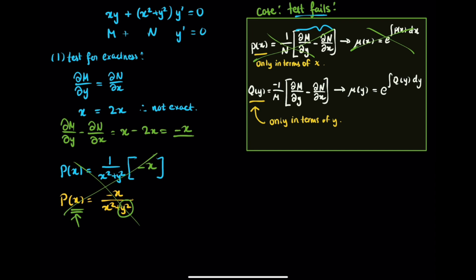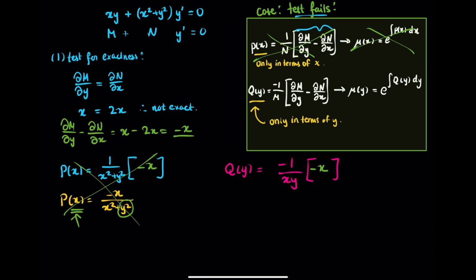Let's make it pink because why not? So Q of y is minus 1 over M. M is xy, and the difference between the partial derivatives of M and N with respect to y and x respectively is minus x, right? Minus x, and maybe I should make this in green so it's more apparent. Minus x.